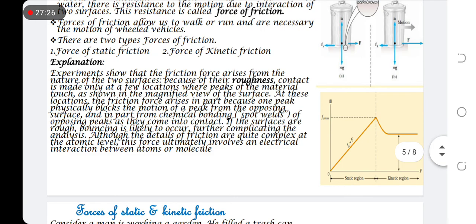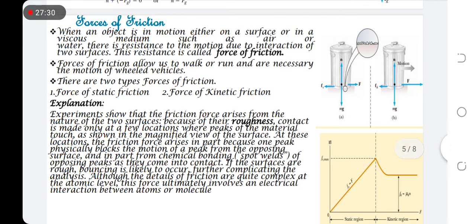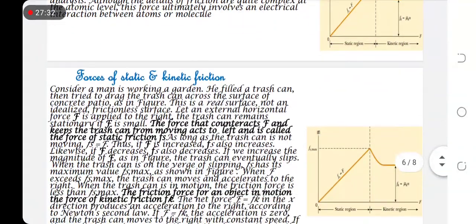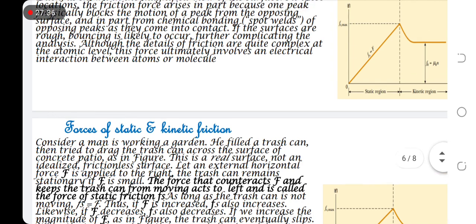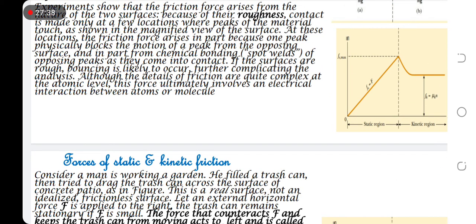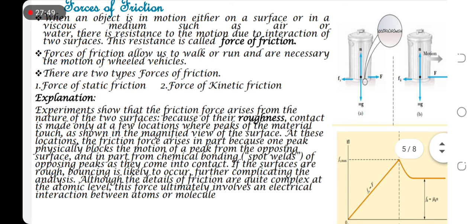We can see the explanation. When we apply the force, we see initially the body is at rest. We are going to increase the applied force. We've seen in the above figure that static force is generated.